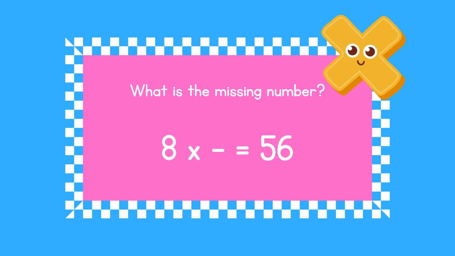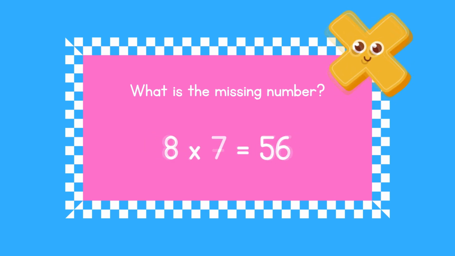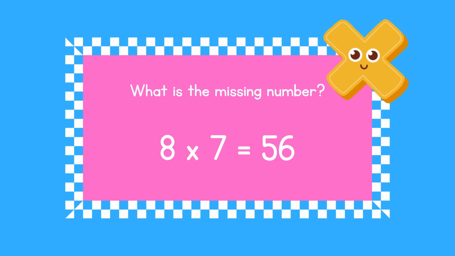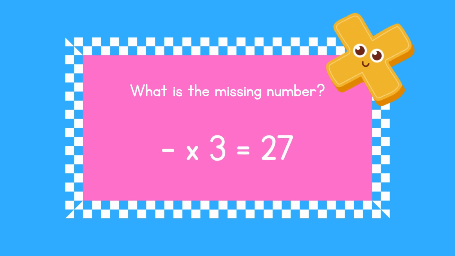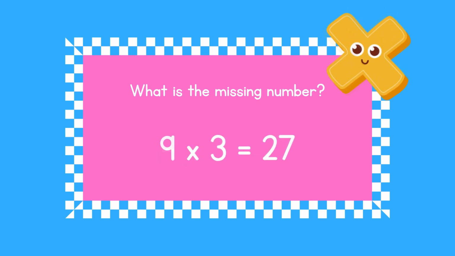Find the missing number. Eight multiplied by 7 is 56. Find the missing number. Nine multiplied by 3 is 27.